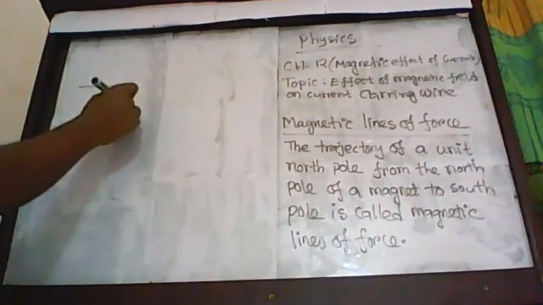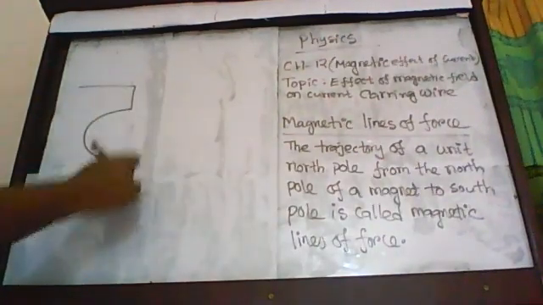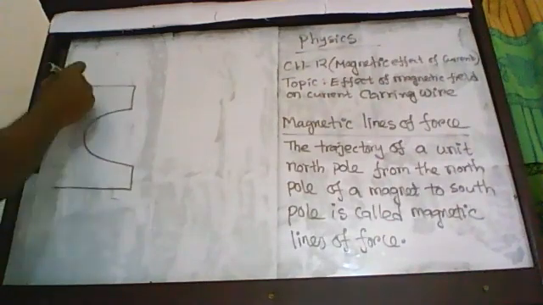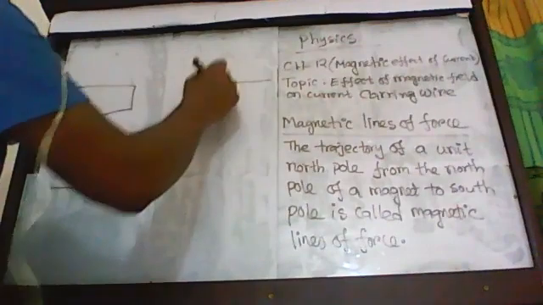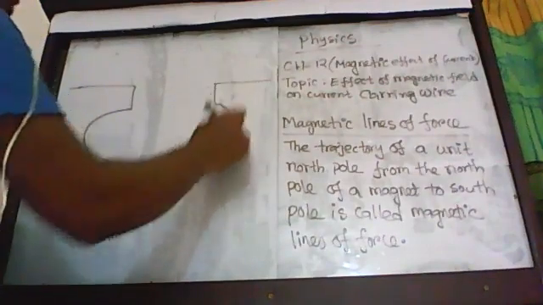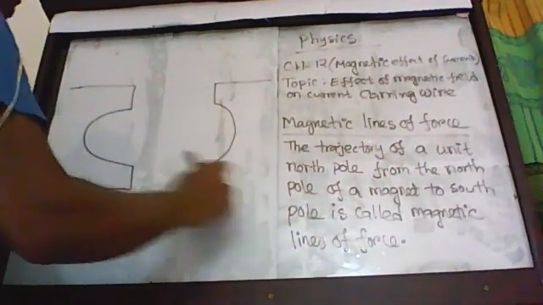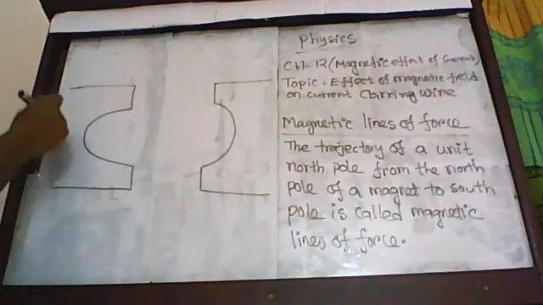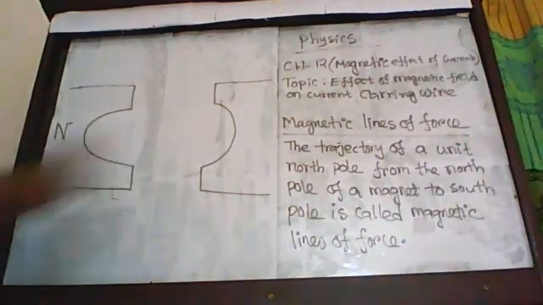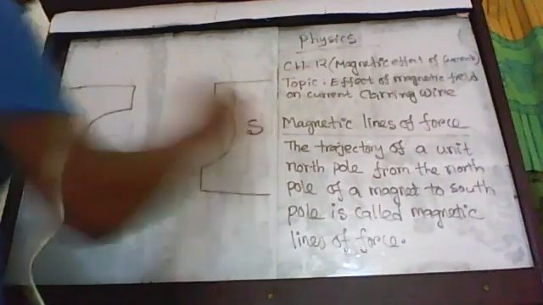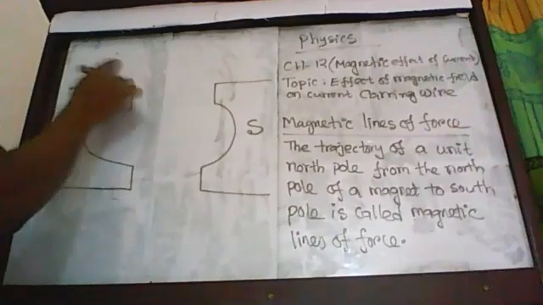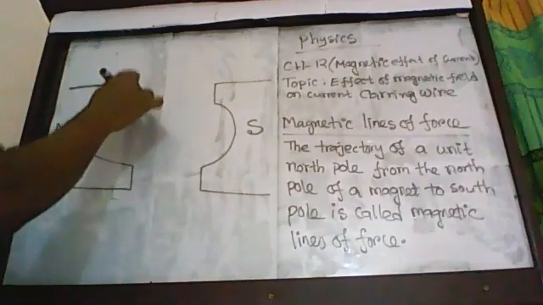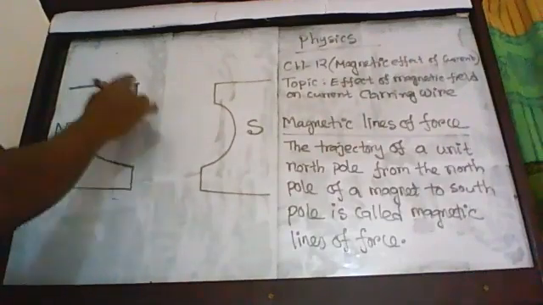There is a horseshoe magnet, and this is another horseshoe magnet. It is a U shape. Say this one is the North Pole and this one is the South Pole. If I make it more bold, then you can see this more easily.